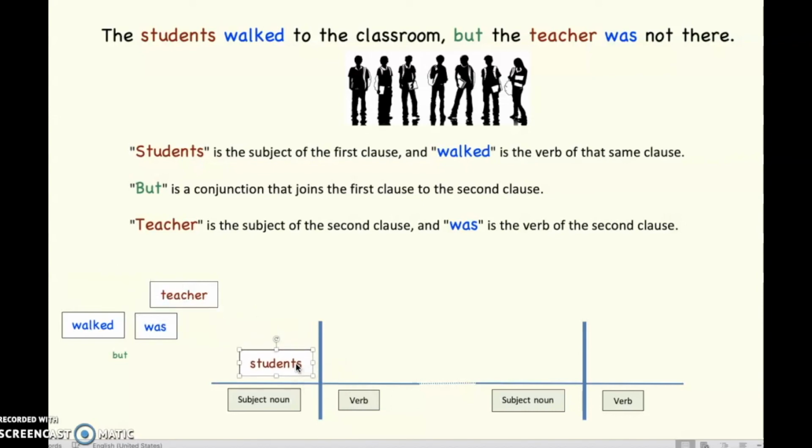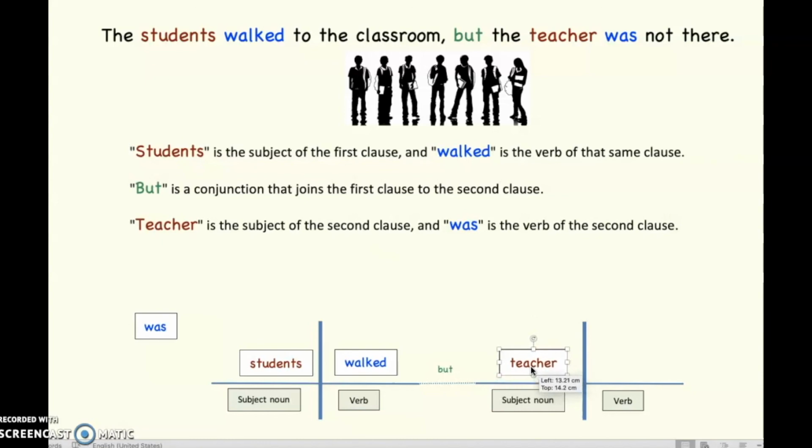We have our students here. What did the students do? They walked. We have our conjunction here, which is but. It's going to connect the two clauses together. Then we have our teacher here as the subject of the second clause, and we have was as the verb of the second clause. So that's another example of a compound sentence.